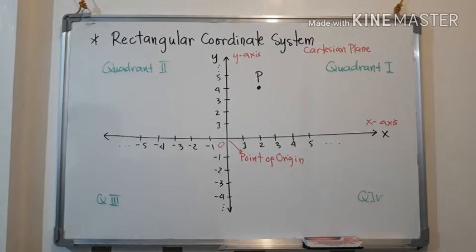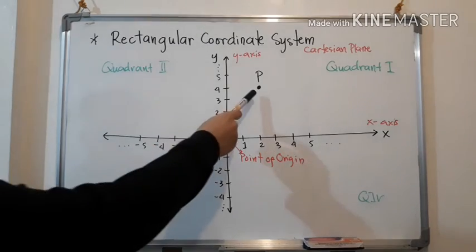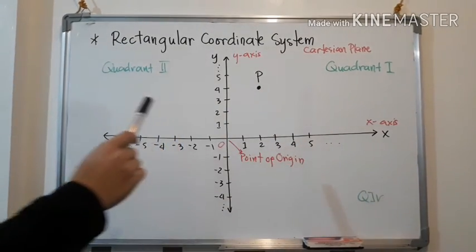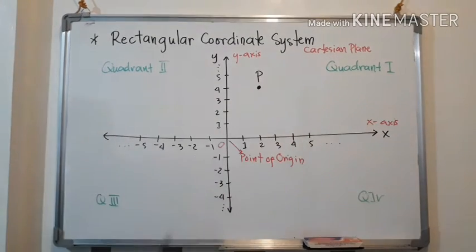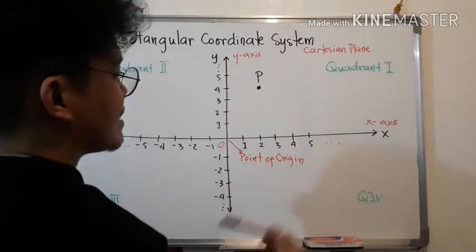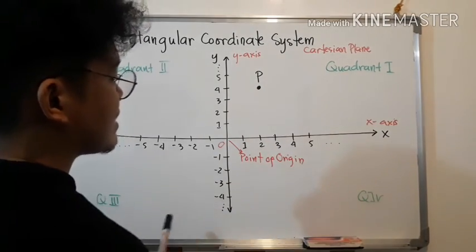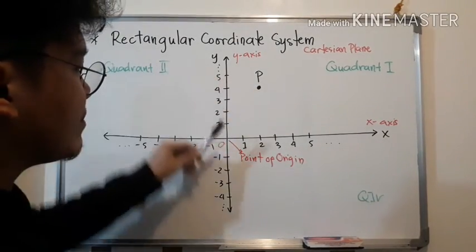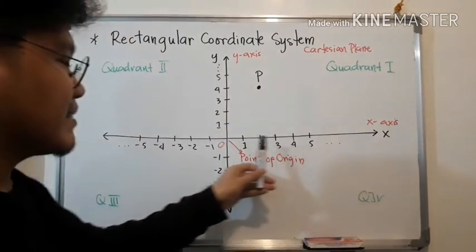The position of any point in the plane, I'm referring to this point P, particularly in quadrant 1, can be described by giving its distance from these two axes. So, what is the positive distance of this point P from the x-axis? What do you think?